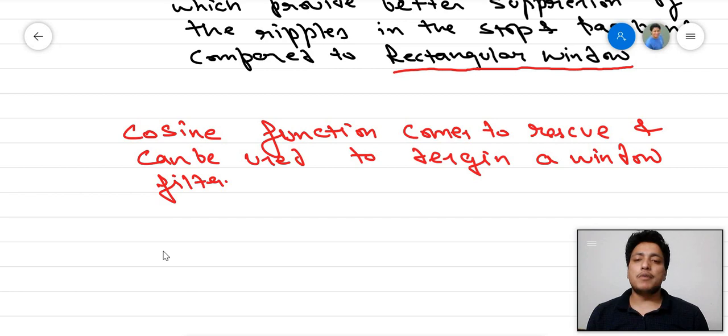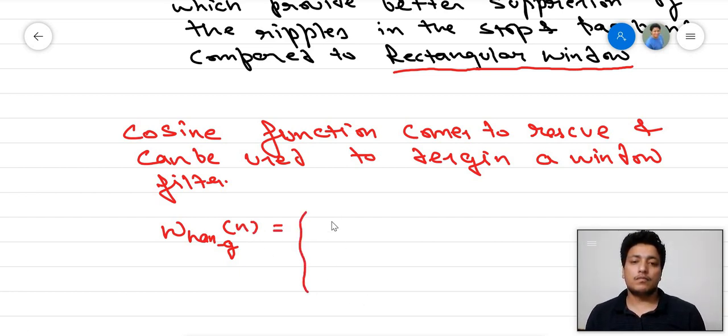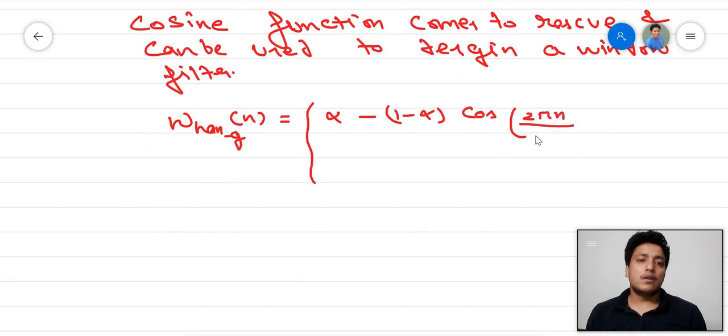The generalized form of the Hamming window is written as w_G[n] equals alpha minus (1 minus alpha) cosine of 2 pi n over (M minus 1), for n from 0 to M minus 1, and 0 elsewhere.